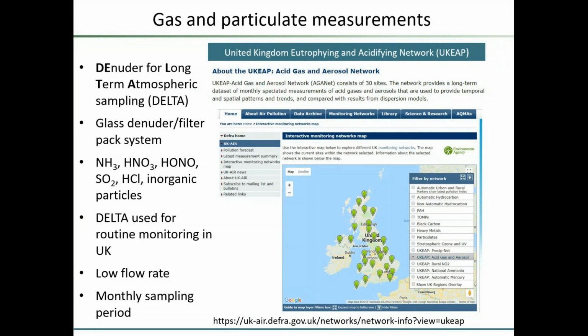And so we're using the same denuders and filter packs, only we're deploying them in a gradient mode to measure the flux instead of just measuring the air concentration. And if you're interested in learning more about these methods or the UK network that employs these methods, I have a website for you here where you can look into some more information.